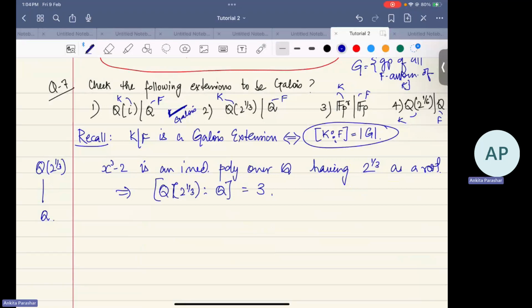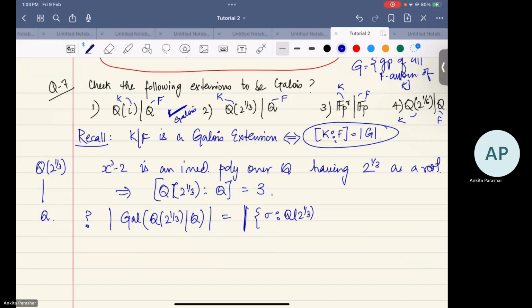Now, can you check the Galois group? What is the cardinality of this group? That means you have to check the cardinality of the set of all automorphisms from Q(2^(1/3)) to Q(2^(1/3)) such that sigma(a) is a for all a in Q. The set and its cardinality you need to find. So how many automorphisms?